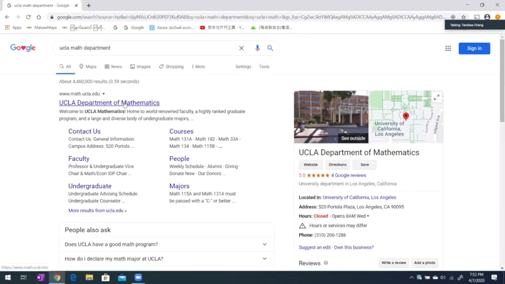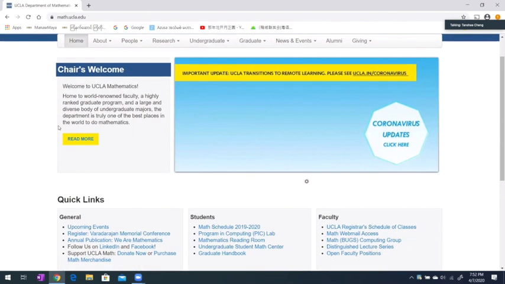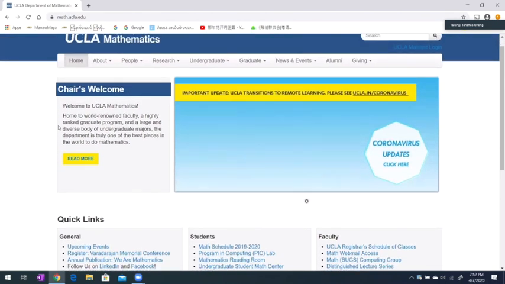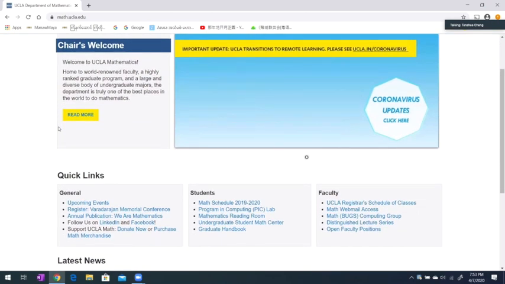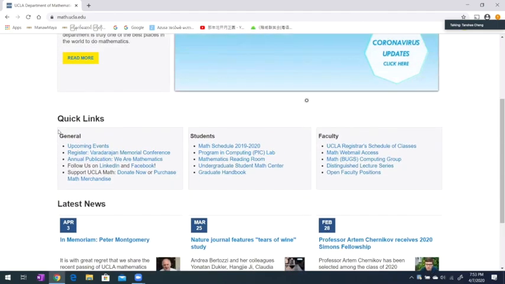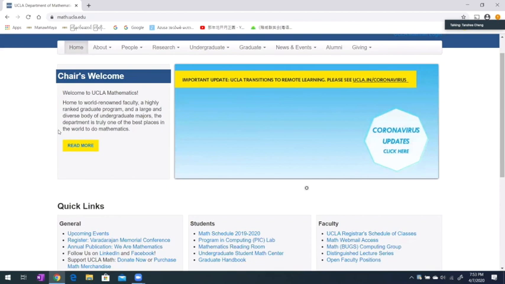A lot of universities use this Stewart book, but some use early transcendental and some don't. We are not using early transcendental because we will not see the logarithms and exponentials until our second class of calculus.